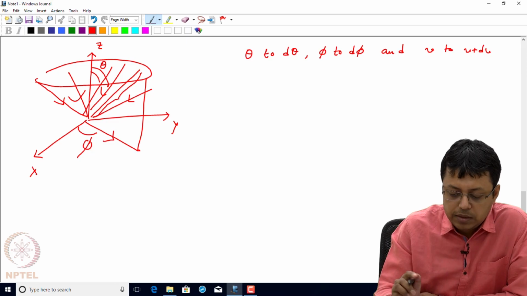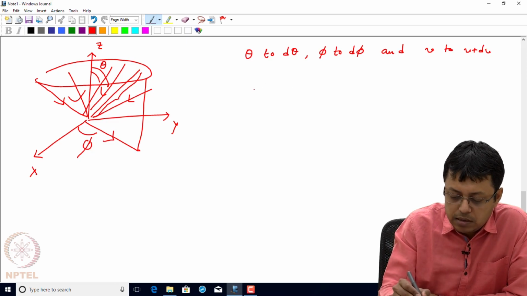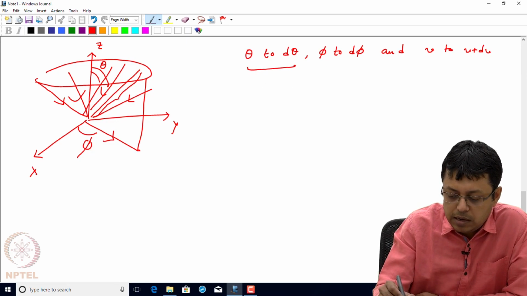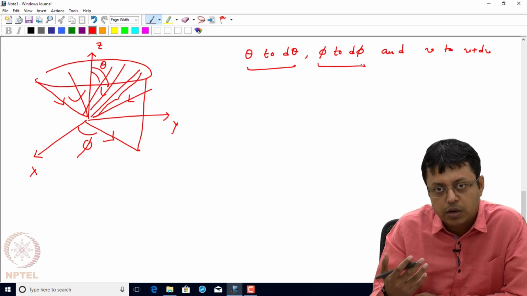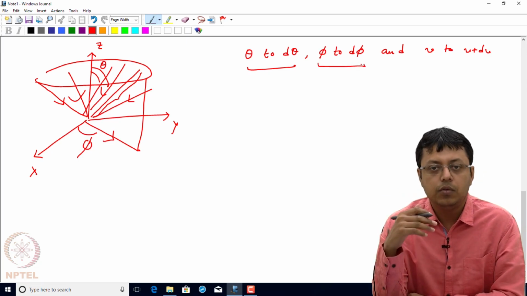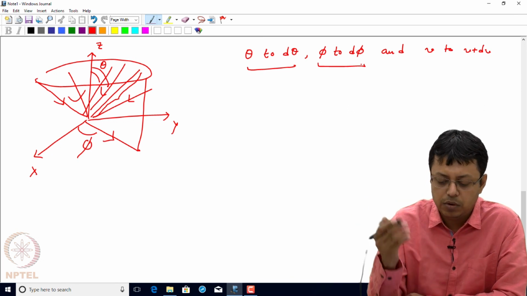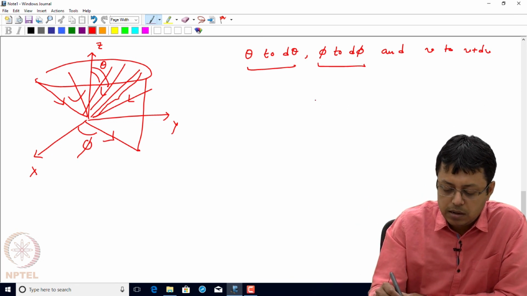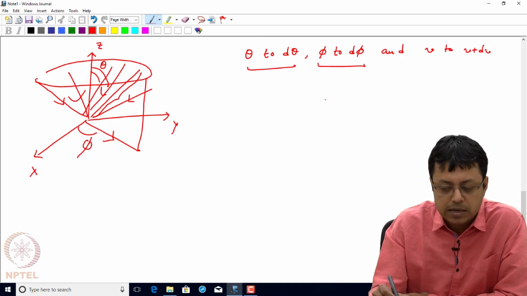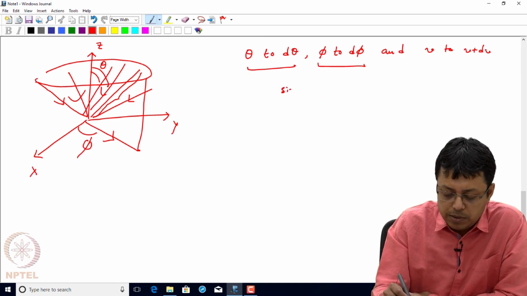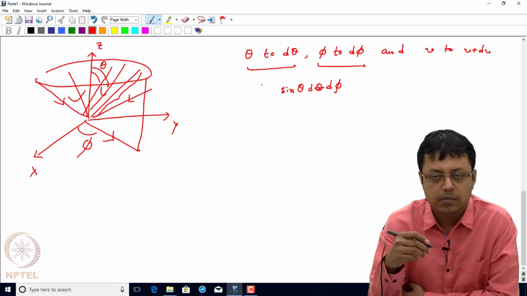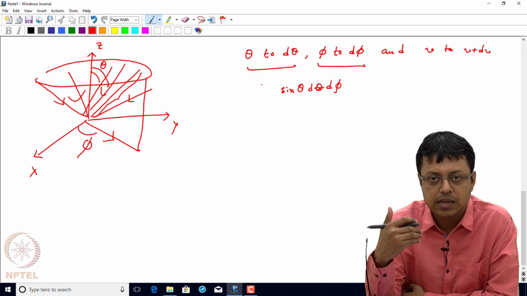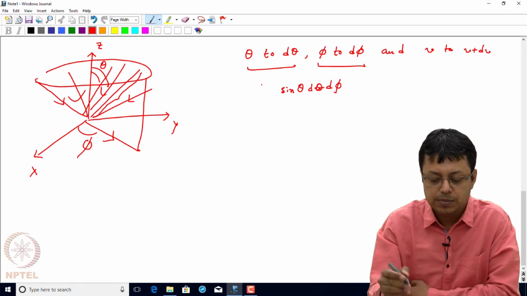Already you know that for theta to theta plus d theta and phi to phi plus d phi, if we rotate our vector, we generate a cross-sectional area, and from our knowledge of the spherical polar coordinate system, this area comes out to be sine theta d theta d phi, with an r squared, but then actually there is nothing called r, it's actually a velocity space we are talking about.